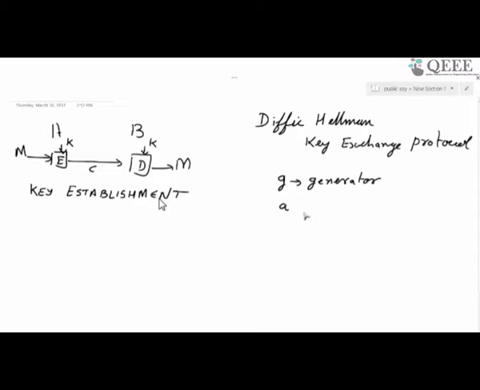We also have an element a, which is the secret element, or secret key, and we have capital A equal to G to the power a, which is the public key.